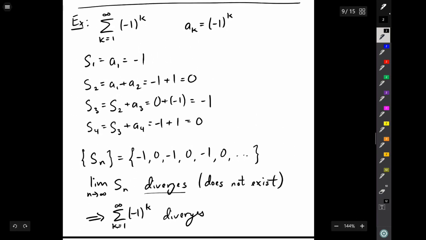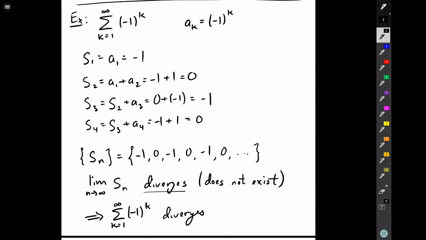Hopefully the idea here for how to determine whether a sum converges or diverges makes sense. Now, you might be suspicious that these examples seem to work out pretty conveniently, and you'd be right. It's not always the easiest thing to do by hand like this. Usually we're going to use some tricks to figure out whether a series converges or diverges.